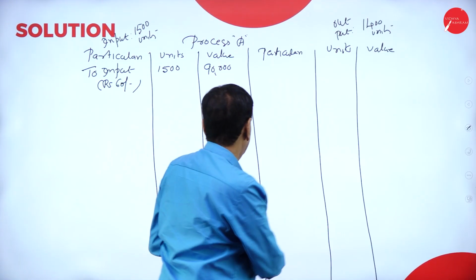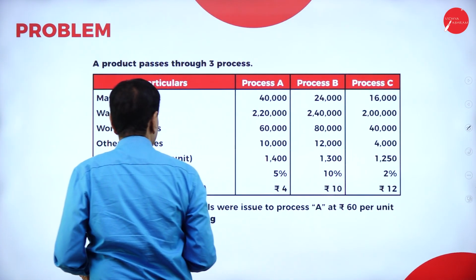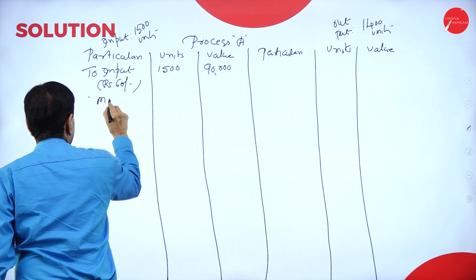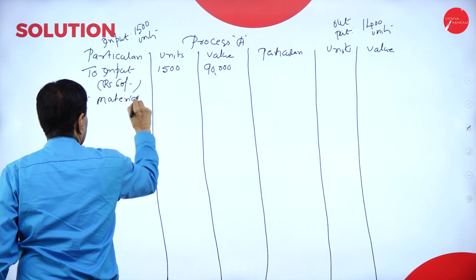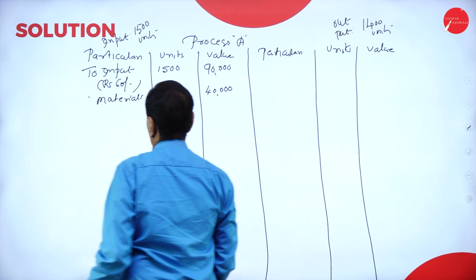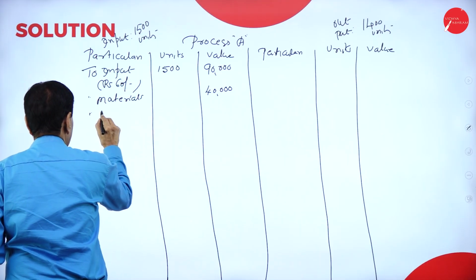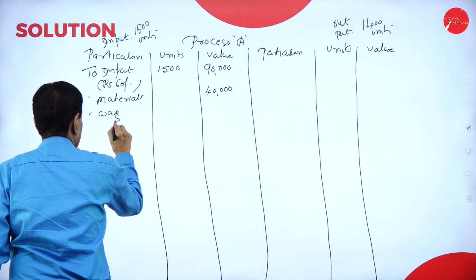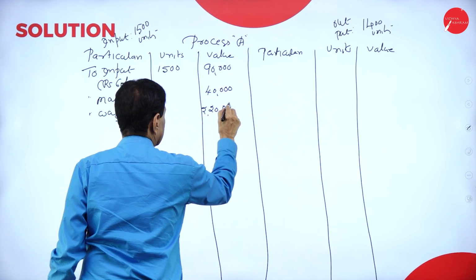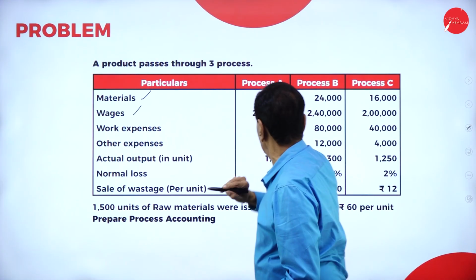Now you have to put the expenditure of process A. What is materials? To materials, value 40,000. What next? Wages. To wages, 2,20,000. Then what is next one?